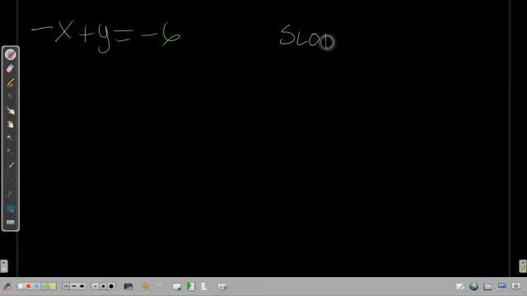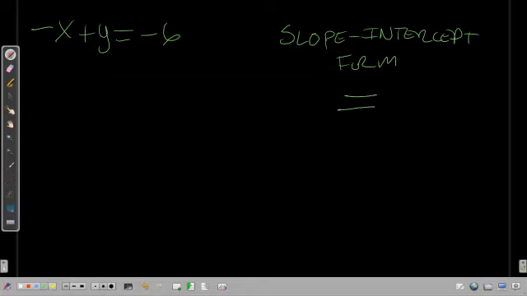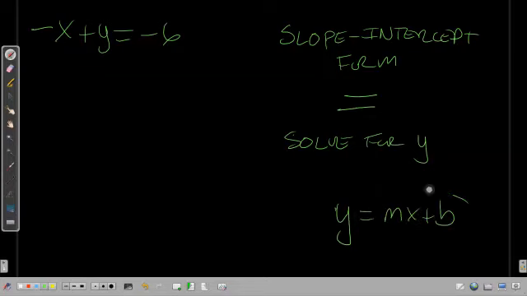To say slope-intercept form is identical with saying solve it for y. After all, slope-intercept form is y equals mx plus b, and that is solved for y.